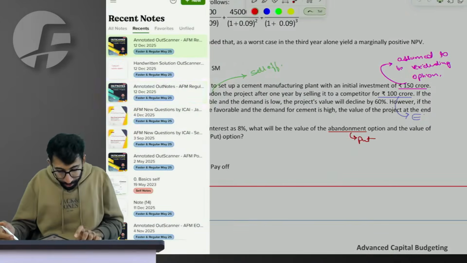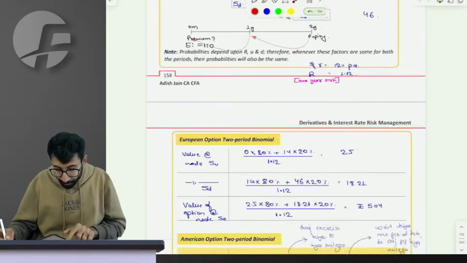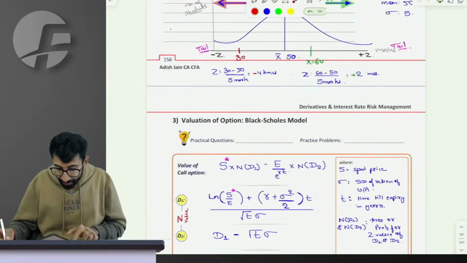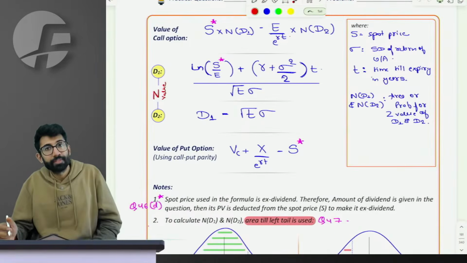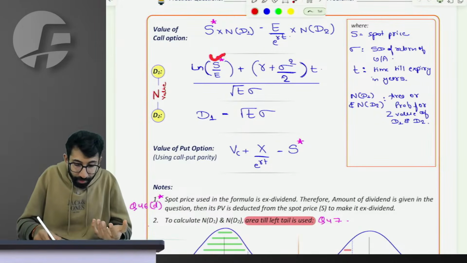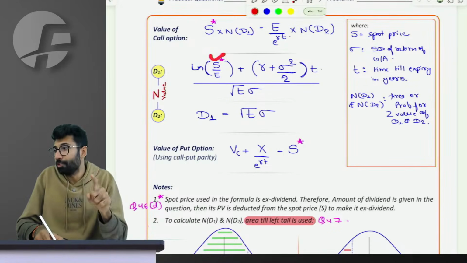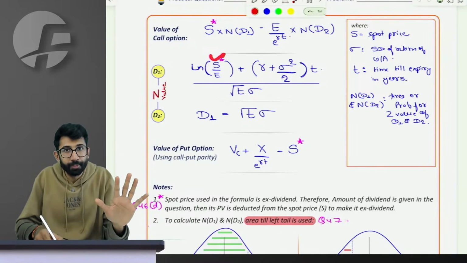Now I'm going to teach you about the Black-Scholes model. Again, this is something we have done in derivatives. That underlying asset has a spot price in the market. I have an option to buy that asset. Nishal, you can do any of the two methods, but you should prefer to do the one by ICAI which is there in the answer scanner.